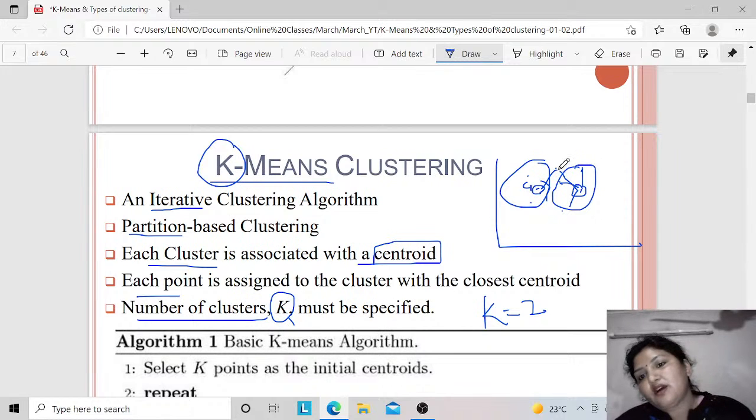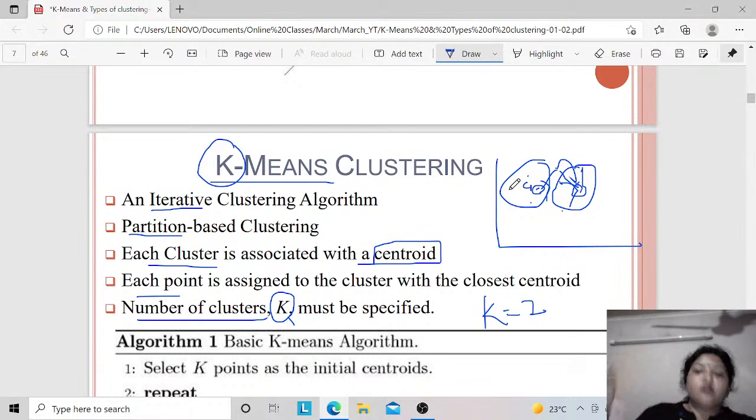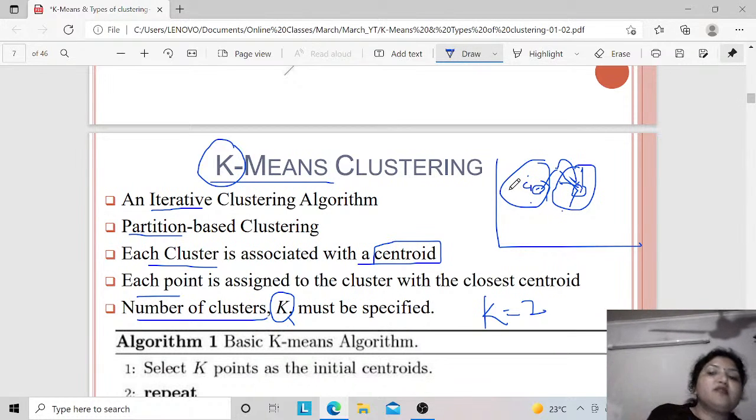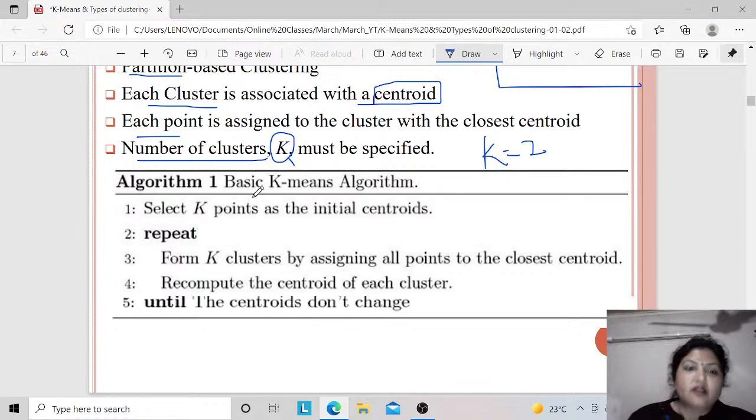If the distance is minimum in this cluster, the data point would fall in this cluster. This is how it puts the different data points into different clusters, and each time the cluster value is updated. Now let us understand how it is updated and how it actually works.